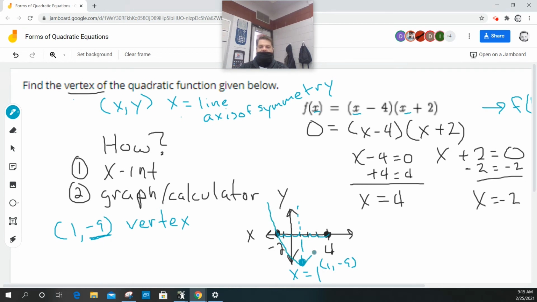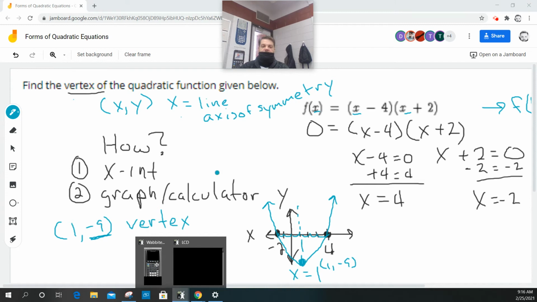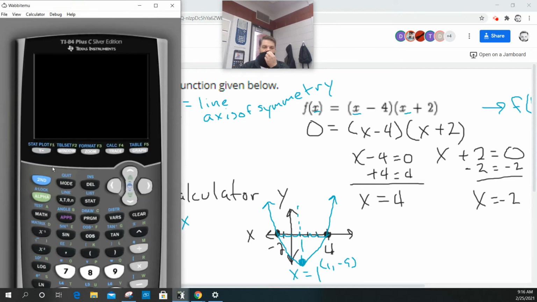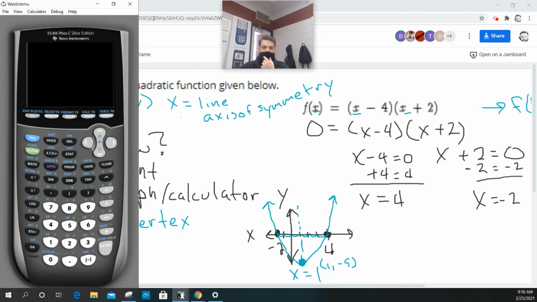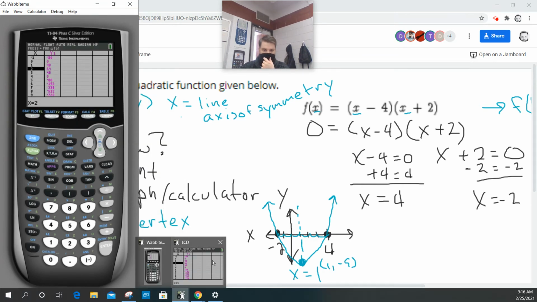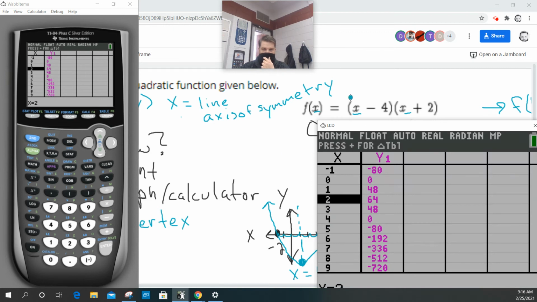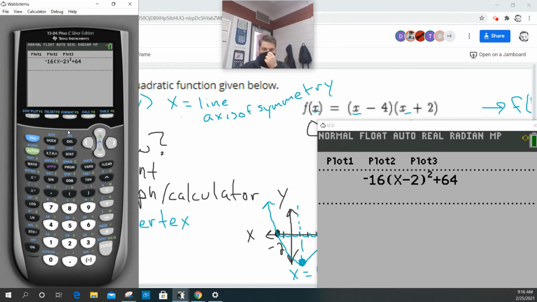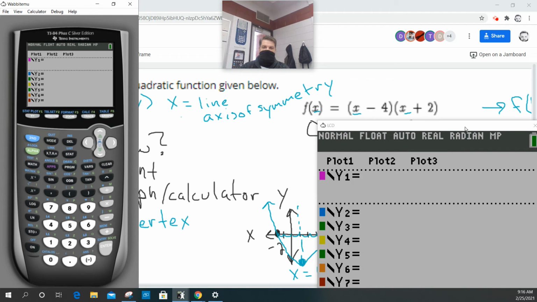How could I verify that and make sure that I did everything right? Graph it in the calculator. So turn your calculators on, grab your calculators, hit y equals. All right, so we're going to hit y equals, clear out what's in there, and I can literally put this in exactly how you see it right here.